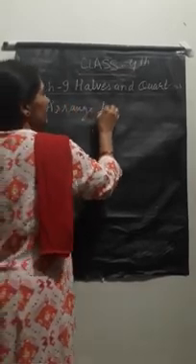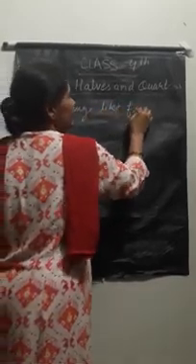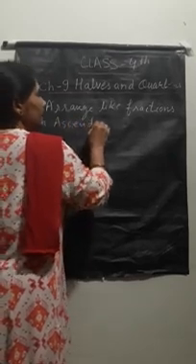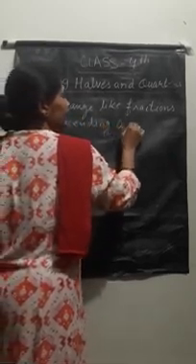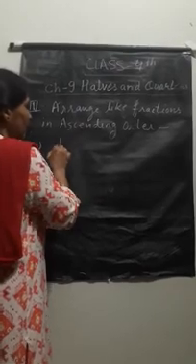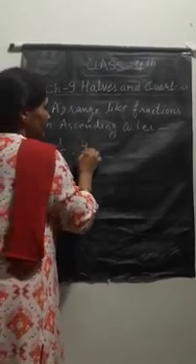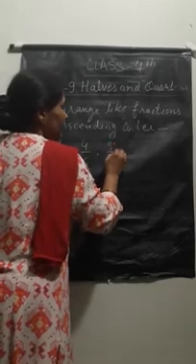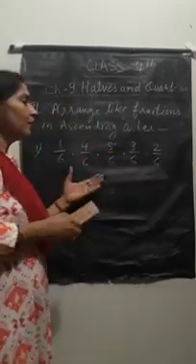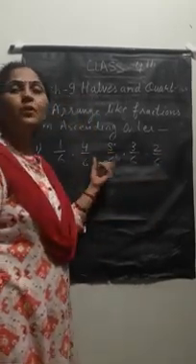Arrange like fractions in ascending order. Suppose I have given you the questions 1 upon 6, 4 upon 6, 5 upon 6, 3 upon 6, 2 upon 6. Now we have to arrange in ascending order. Ascending means smallest to greatest.